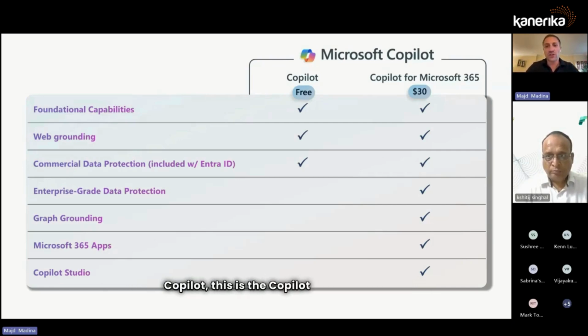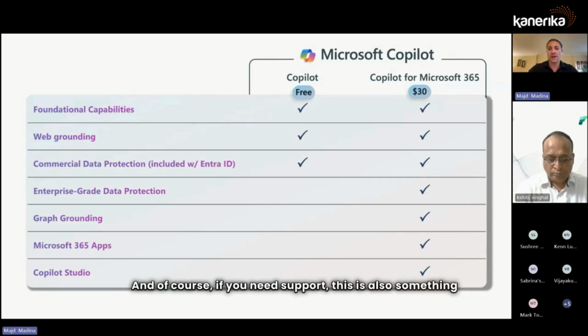This is the Copilot Studio that you get, and it's all based on low code. So anyone can use it, anyone can create their AIs. And of course, if you need support, this is also something that we, as a data and AI partner, love to do.